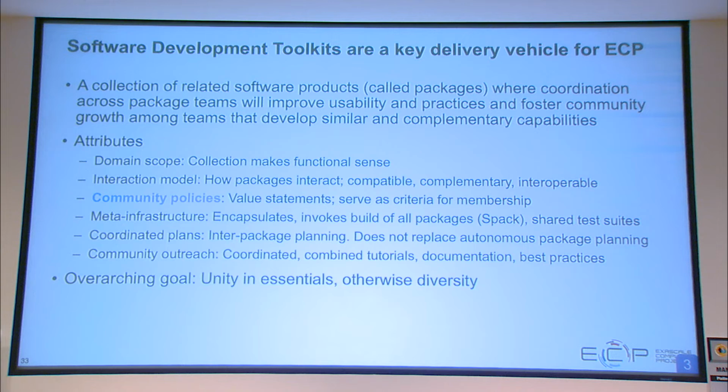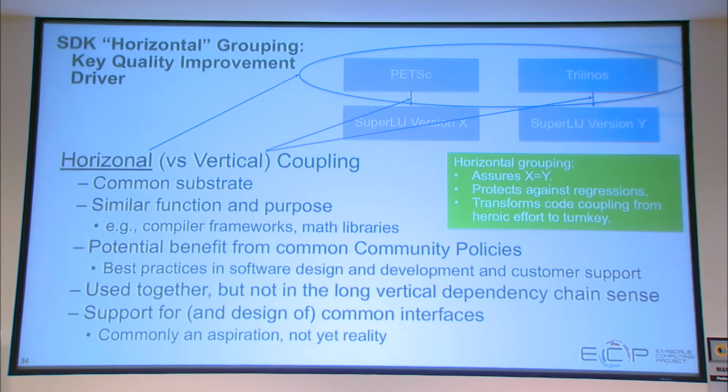So the idea here is that where it's essential, there will be unity in order to achieve this interoperability, but otherwise, the package developers still have a lot of freedom in how they're developing their software, so diversity otherwise. So we're really talking here about horizontal groupings.